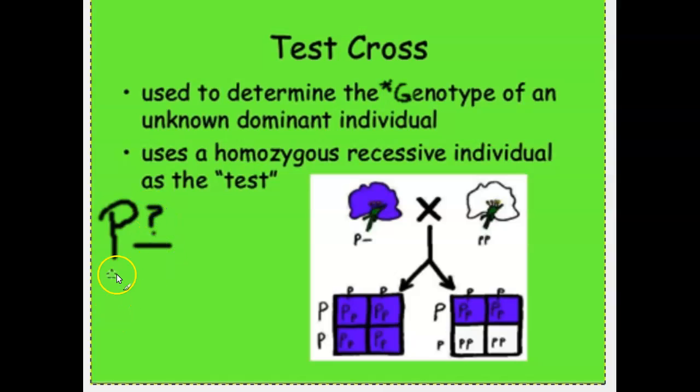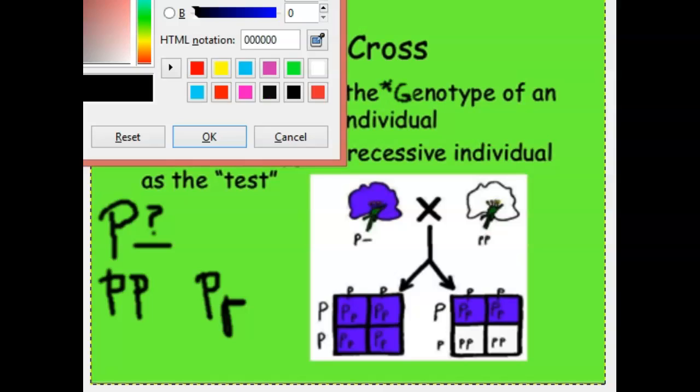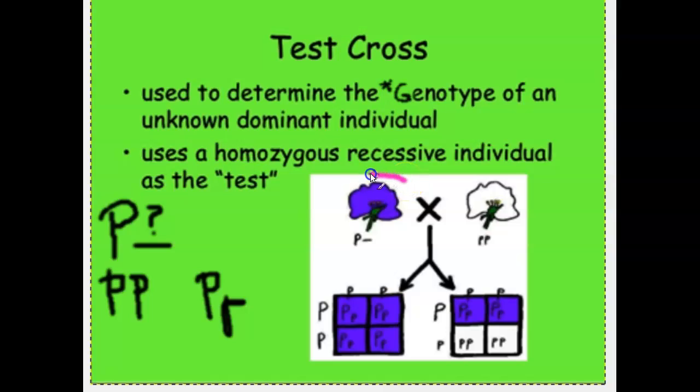So it's used to distinguish homozygous dominant from heterozygous. So someone with a dominant phenotype, different color here, crossed with a recessive phenotype, and if they have no offspring that are white, probably going to be this one, homozygous dominant.